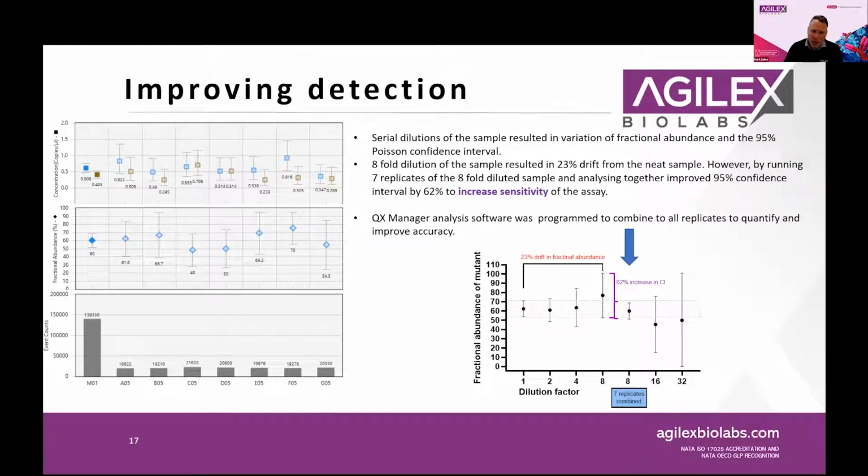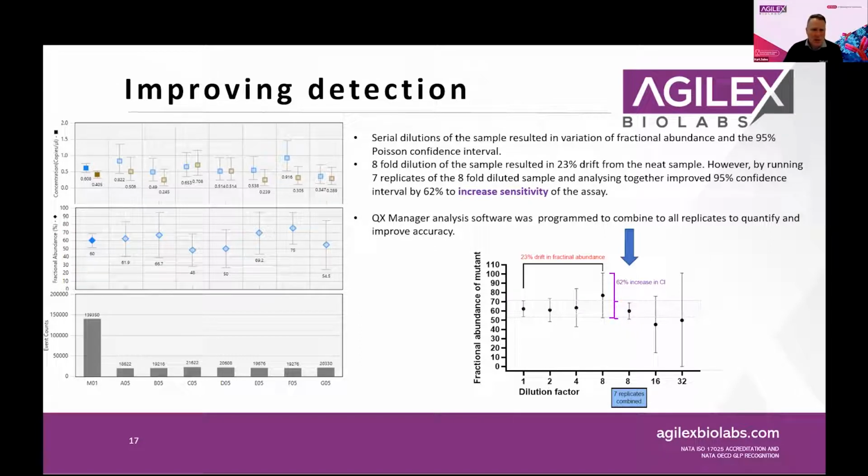And so the way of improving on the dilution factor is to increase the data set. By increasing the number of replicates, you can then tighten down the fractional abundance.